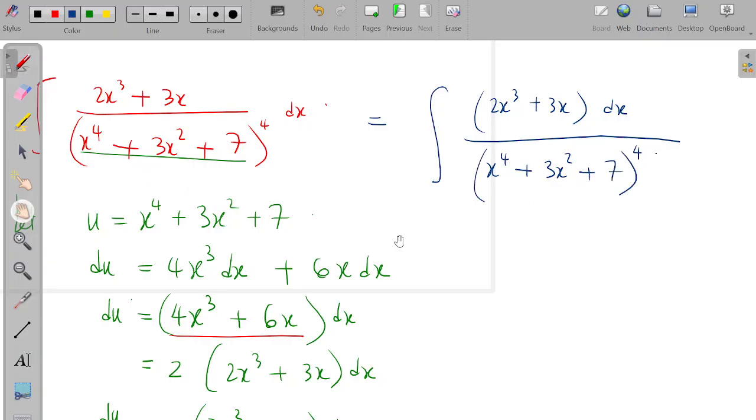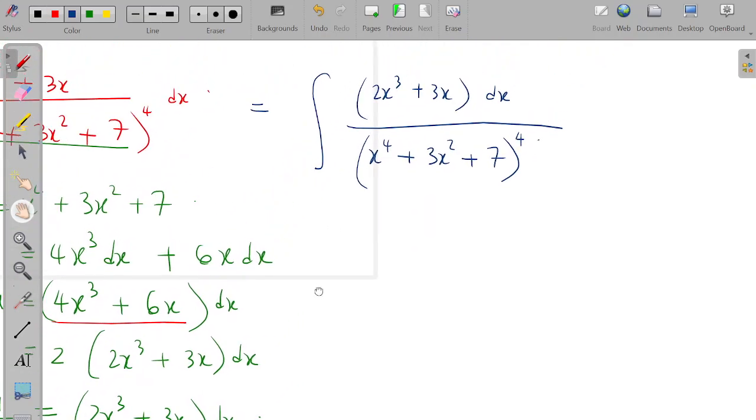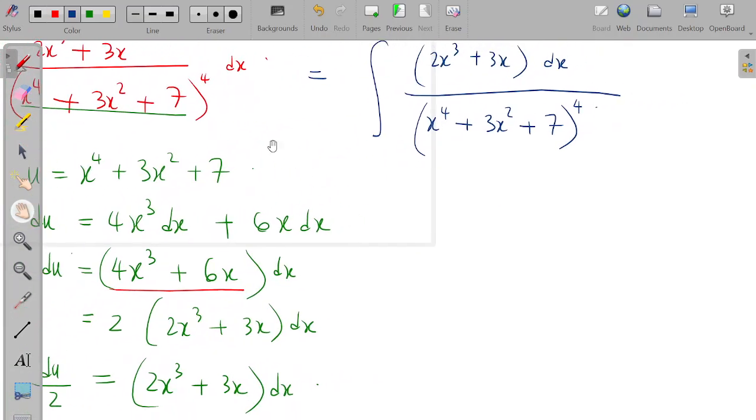Now I want to change to u. So this becomes an integral again. Don't throw away your integral until you integrate; otherwise, you must carry it along with you.